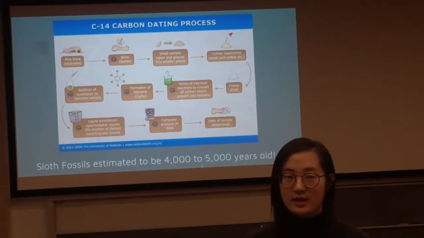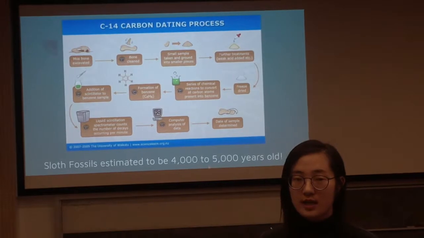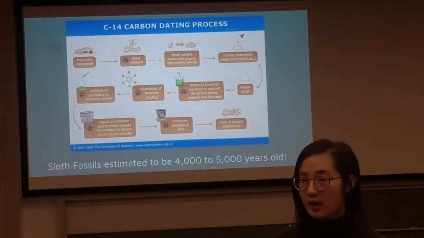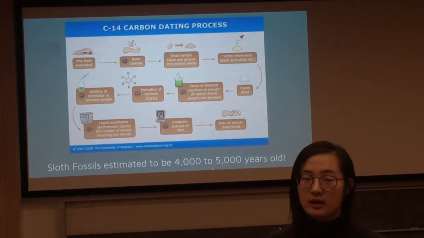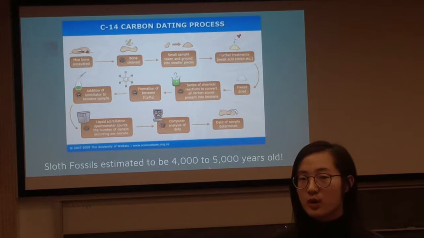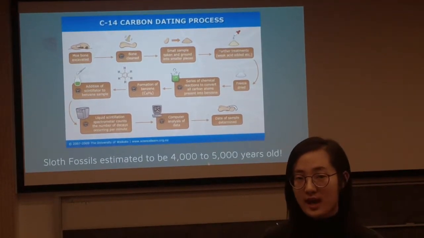One of the many ways that we measure radiocarbon dating is through liquid scintillation, and this process is displayed here behind me in this diagram. Essentially, the bone is excavated and ground into smaller pieces, where it is treated with weak acid.